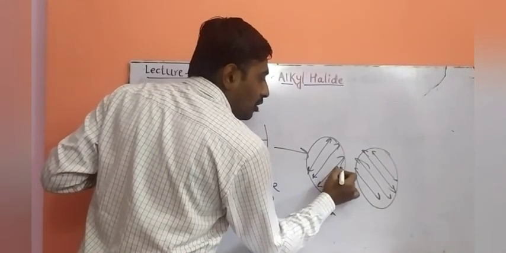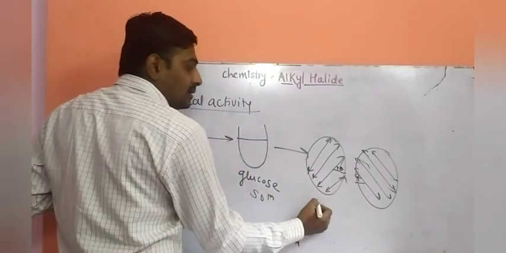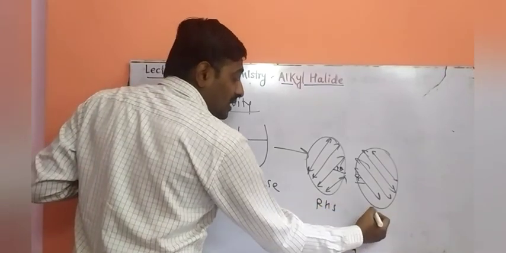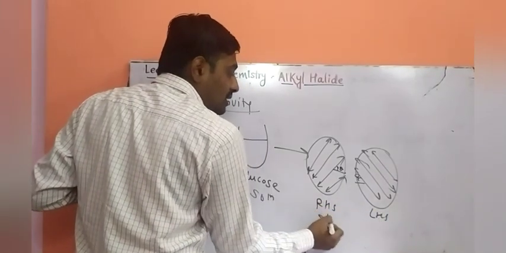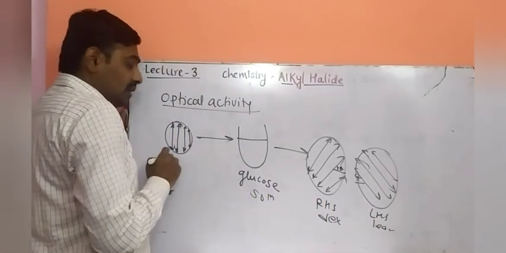This is the angle theta. This is right hand side rotation. This is left hand side rotation. This is called a dextro-rotatory compound. This is called a laevo-rotatory compound.